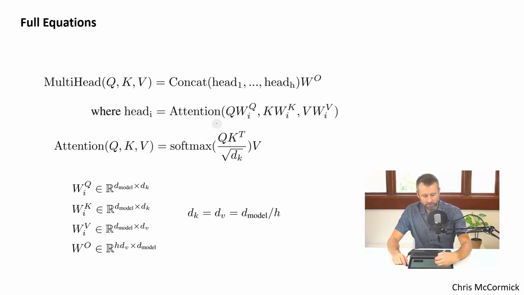One source of confusion in these equations is that they use Q, K, and V in multiple ways. Here they're using it as what vectors you want to perform attention on, which is the targets and the context, or the inputs and the targets. And then we also use them as the query vectors and the key vectors and the value vectors, so the input vectors projected into those spaces.